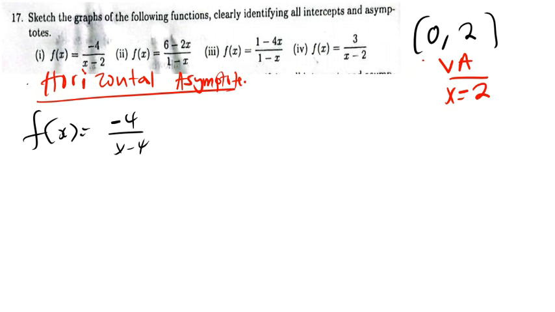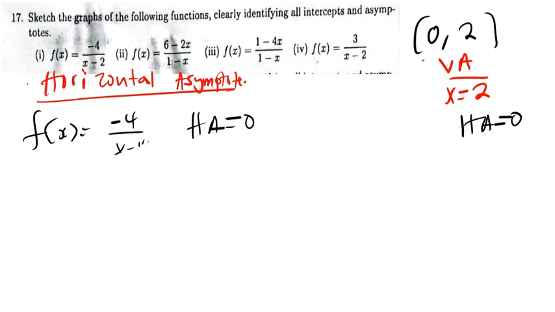The degree of x on the denominator is higher than the degree of x on the numerator. Therefore, the horizontal asymptote is 0. Horizontal asymptote is the same as the range. In this case, since the denominator has got the highest power of x, we say that y should not be equal to 0. So the horizontal asymptote in this case is 0.